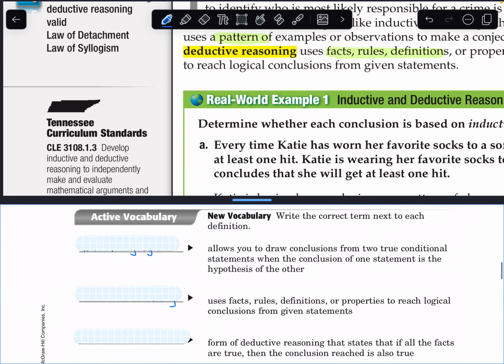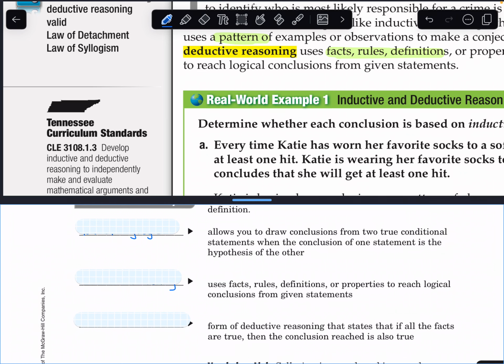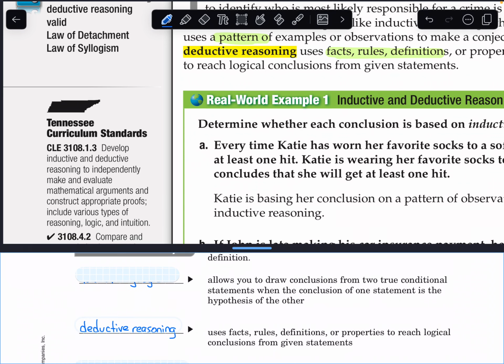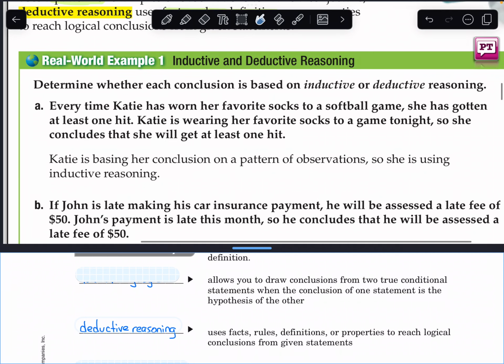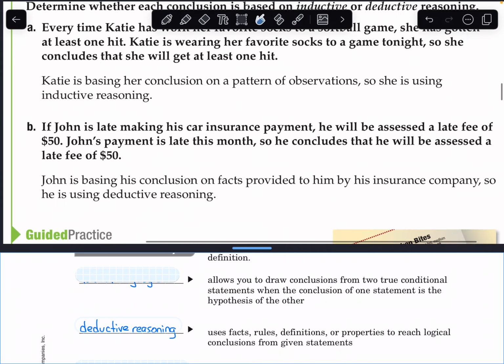Okay, with that said, we should be able to identify the definition right here in the middle. Deductive reasoning uses facts, rules, definitions, or properties to reach logical conclusions from given statements. As usual, we'll go through the examples in part 2 of the video.